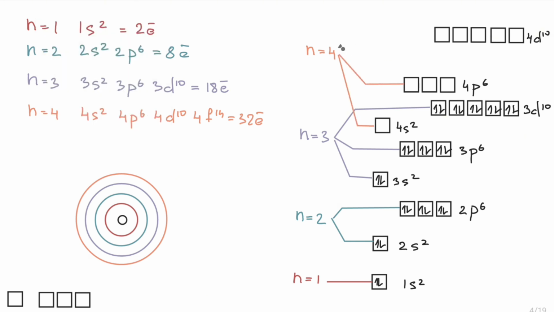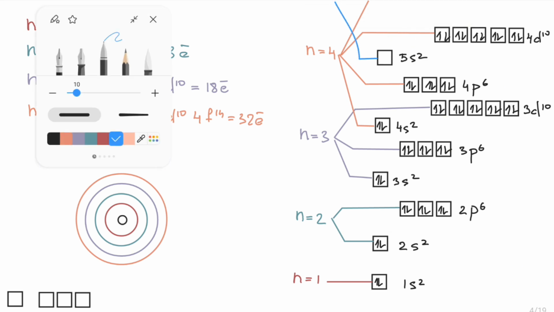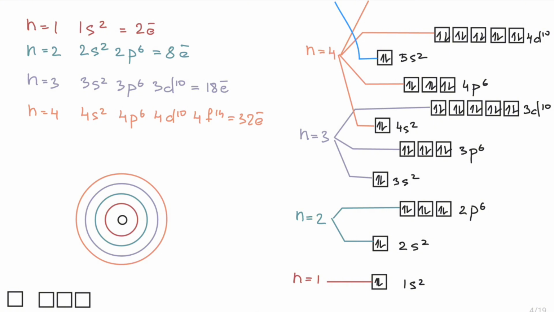Why? Because the energy required in order to fill 4s is lower than the energy required in order to fill 3d10. This situation will repeat from level to level, and you will find that the 5s2 orbital will also be lower in energy than 4d10.